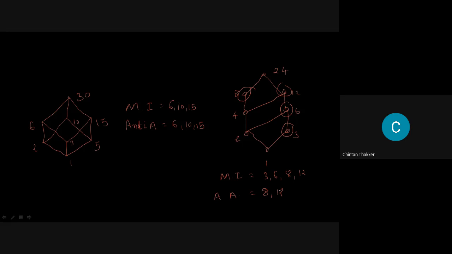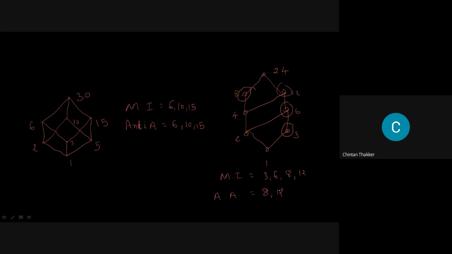Without the Hasse diagram, join irreducible means there does not exist any two different elements such that the LUB of those two elements is a. And meet irreducible means there does not exist two different elements in the set such that the GLB of those two elements is a.